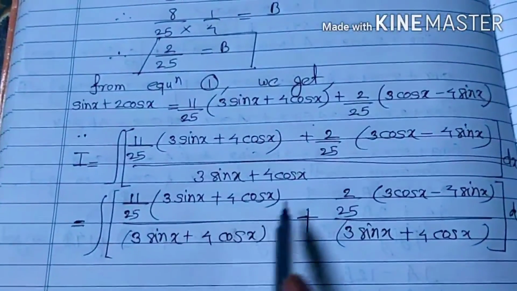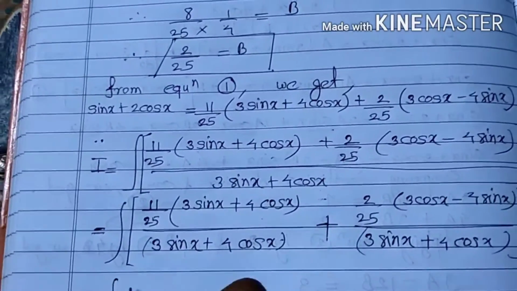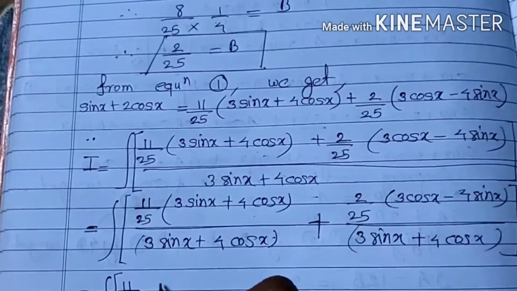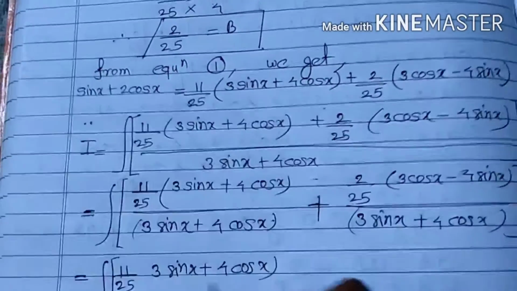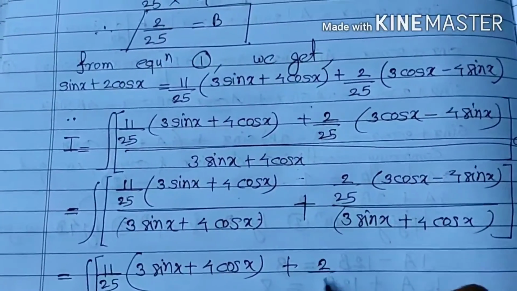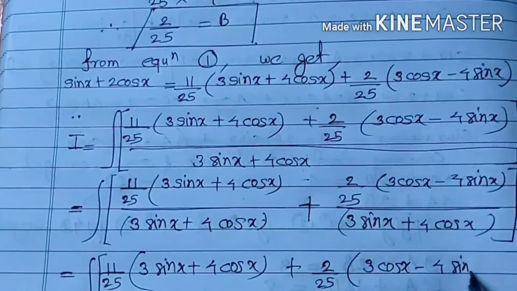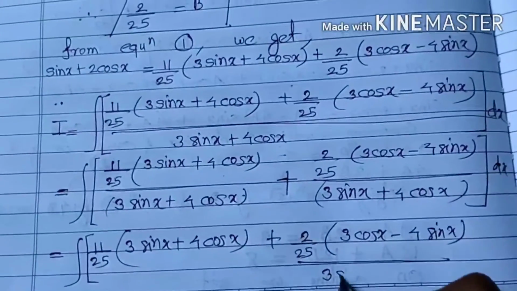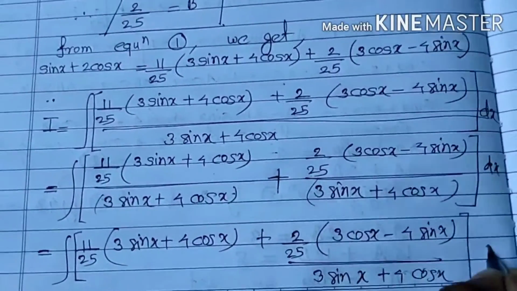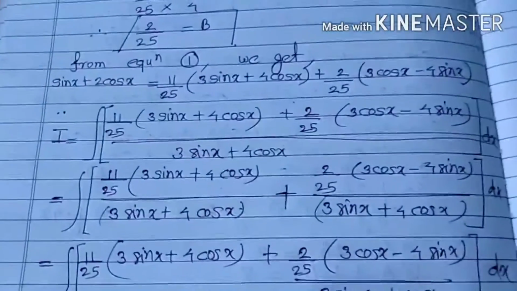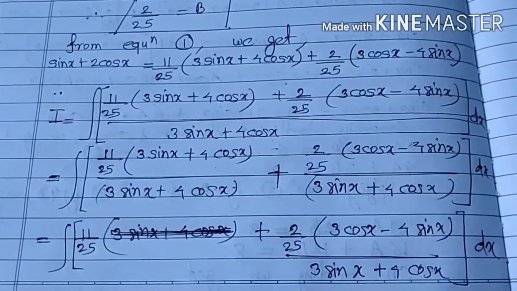Now this 3 sin x plus 4 cos x gets cancelled, so here only the terms remain like that: 11 upon 25, plus 2 upon 25 (3 cos x minus 4 sin x) upon (3 sin x plus 4 cos x) into dx. Sorry, here the term is cancelled.